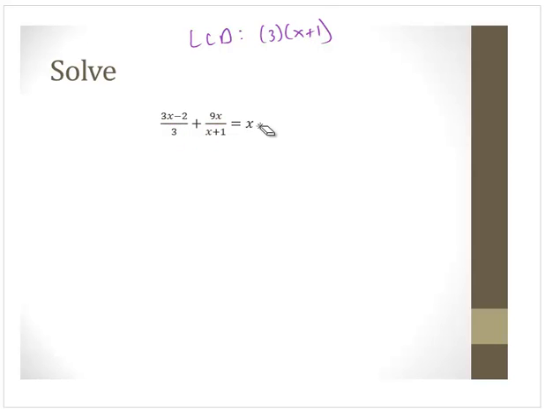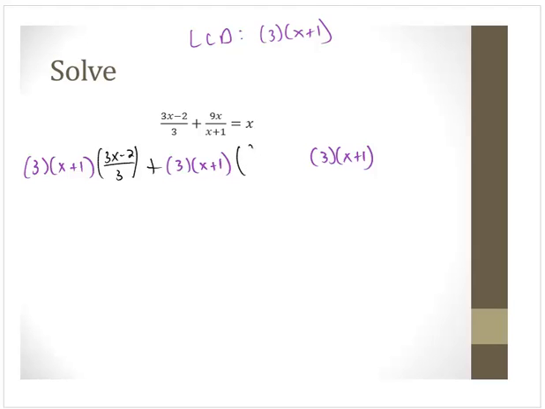Alright, so let me multiply through both sides of the equation by 3 times x plus 1. So I'd have 3 times x plus 1 times something plus 3 times x plus 1 times something equals 3 times x plus 1. Alright, let's fill in the other terms. 3x minus 2 over 3 plus 3 times x plus 1 times 9x over x plus 1 equals 3 times x plus 1 times x.